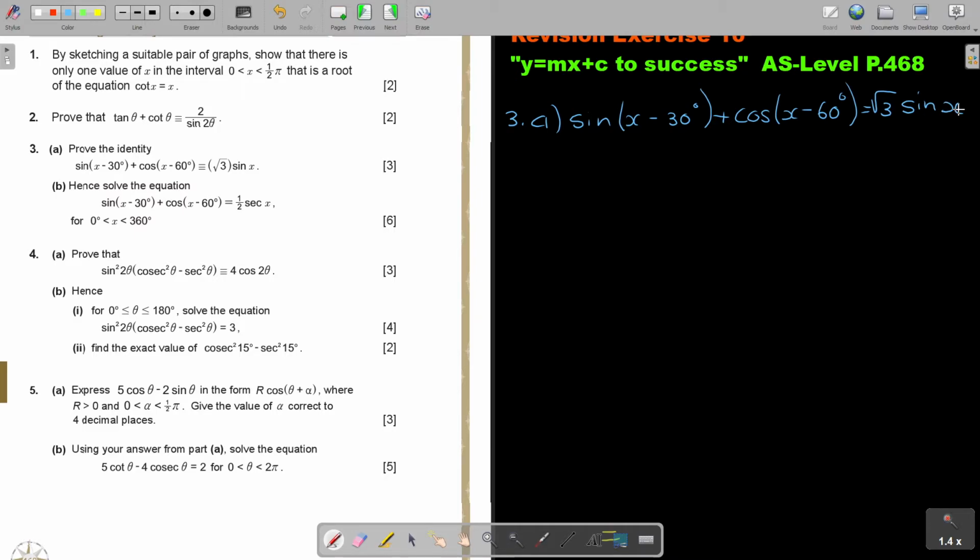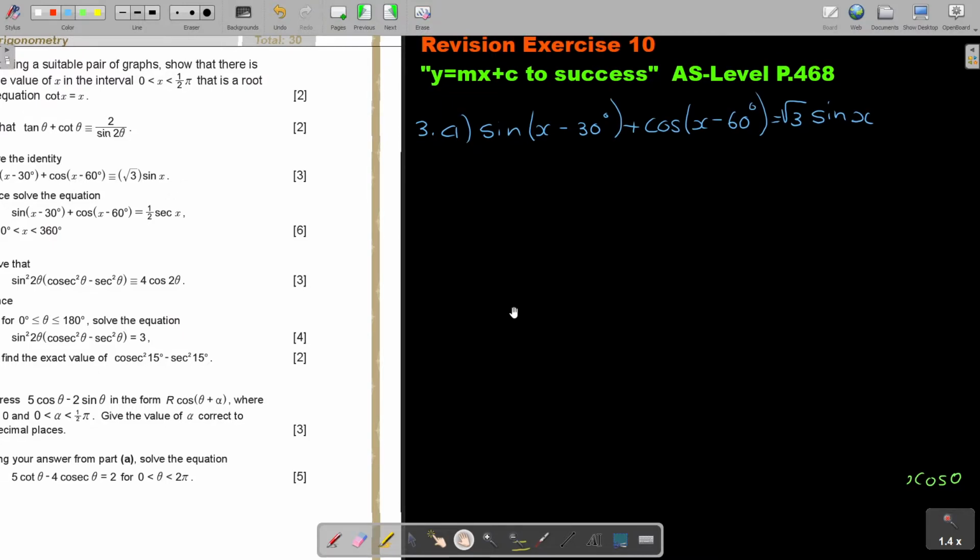Now I'm going to start again with your left hand side. It's not always, but in this case I'm going to take a brighter color. Left hand side, and that will be sin(x − 30°) plus cos(x − 60°).